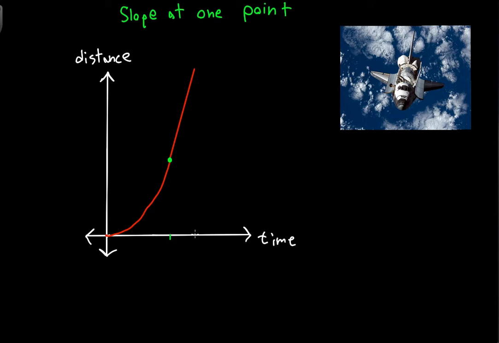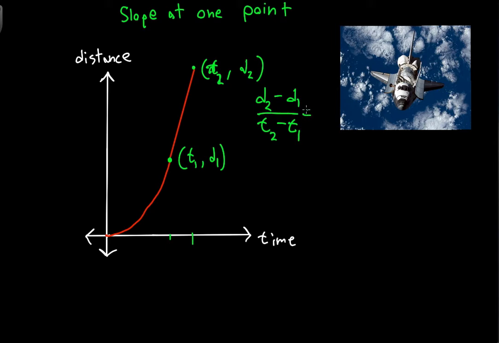So we can just measure, if we take some T1, let's say that's T2, D2 for the distance and the time, and T1, D1, we can just say that the speed after the space shuttle shut off its engines is D2 minus D1 over T2 minus T1. This is going to be our speed, which I'm just going to call V.